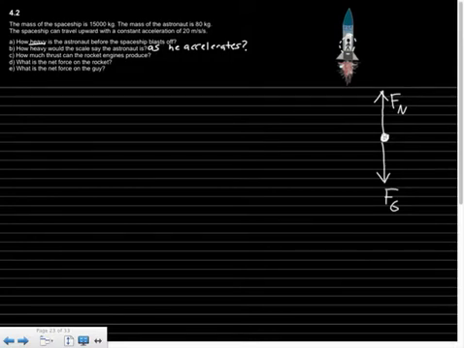All right? So, we're looking for the normal force. The normal force is the force of the scale pushing him up. But because he's not moving yet, because he's still on the earth, there's no net acceleration. When we write our net force equation, and again, this is problem A, the net force is equal to the normal force minus the force of gravity.